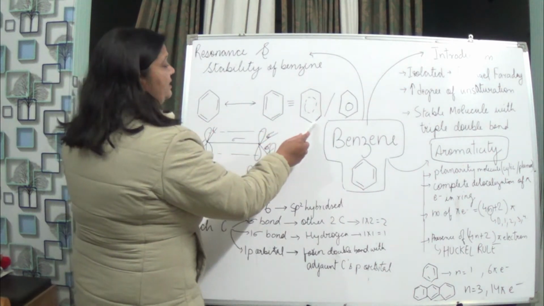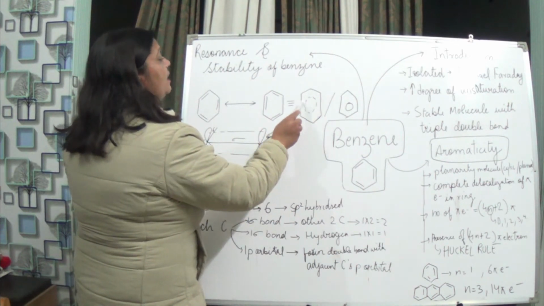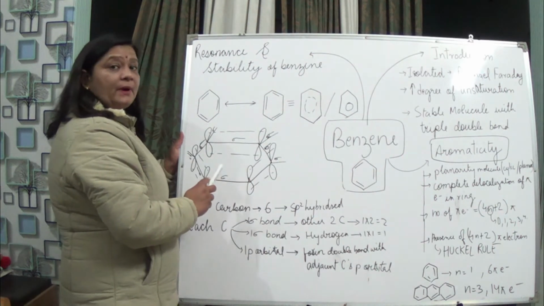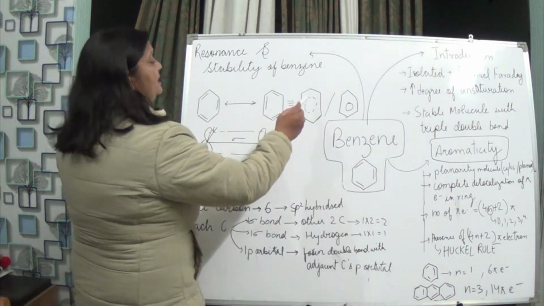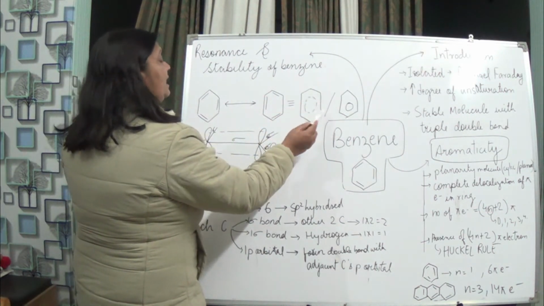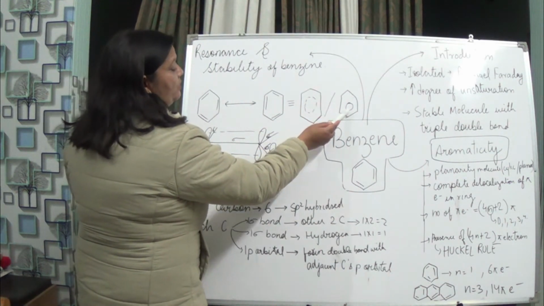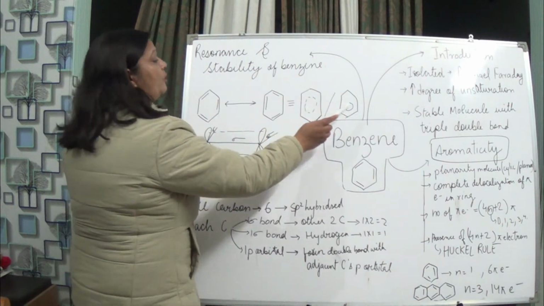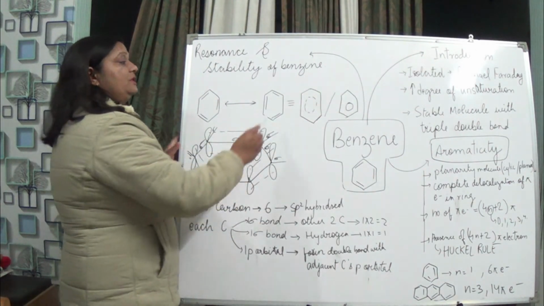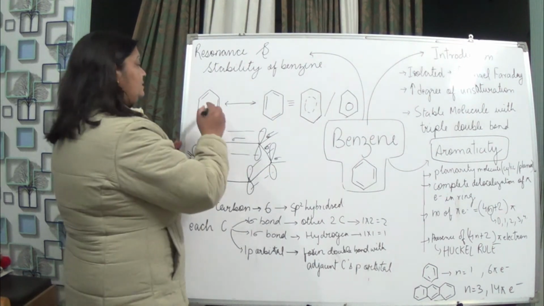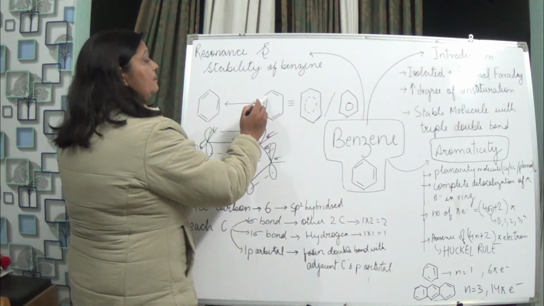This dotted structure represents the delocalization of the pi electrons. It means that it can be from either side, thereby giving it a circle form over here. So this structure represents the delocalization of the pi electrons present in the benzene ring.